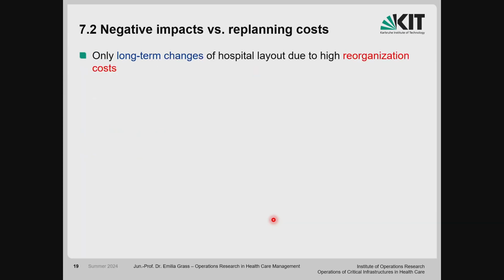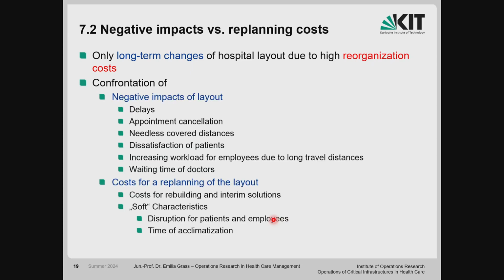And what are the negative impacts versus the replanning costs? If we have long-term changes, due to some kind of high reorganization costs, so that means if we have a bad layout, then we have delays, we have appointment cancellations, or maybe some kind of absolutely needlessly covered distances, because we have to go through a corridor, but the room is next to the ward.